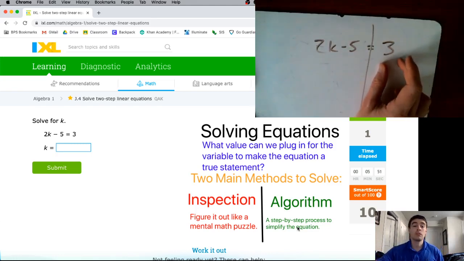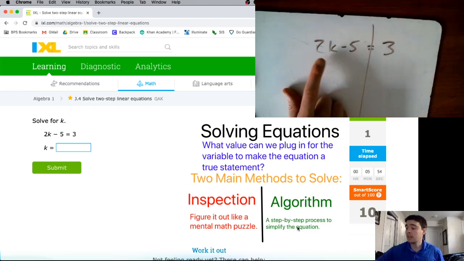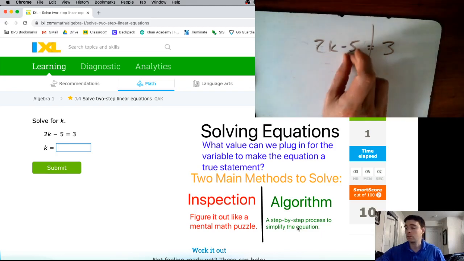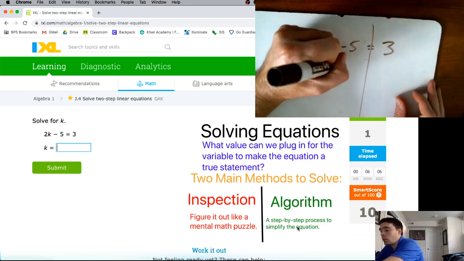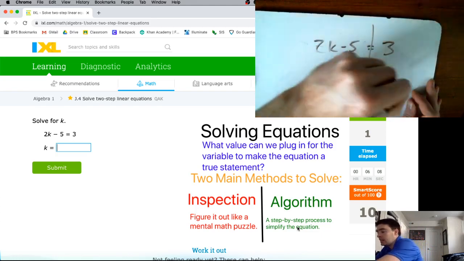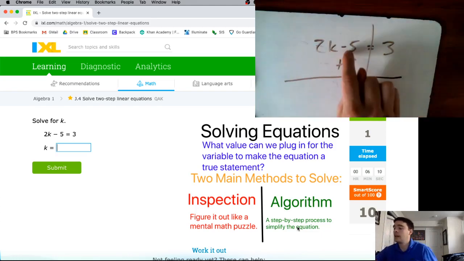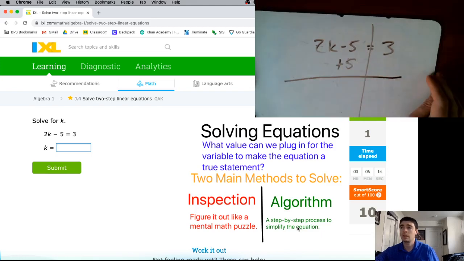In this case, I'm looking for my variable, the k, and the k is sitting on the left side of my equation. It's in this 2k term, so the first thing I want to get rid of is the negative 5, the other term that's in k's expression. The way I get rid of a negative 5 is the inverse. The opposite of negative is a positive, or the opposite of subtracting is addition, is another way to think about that.